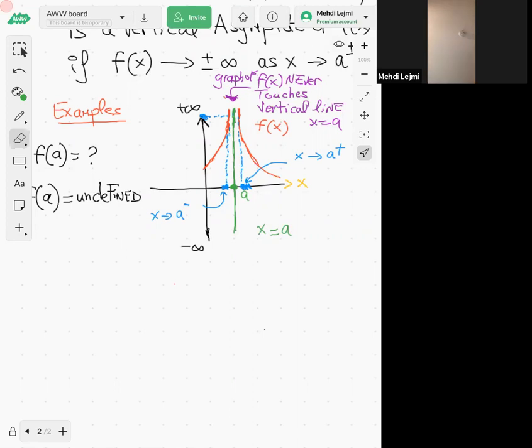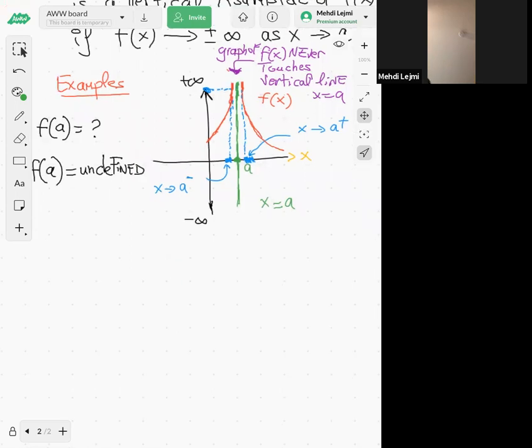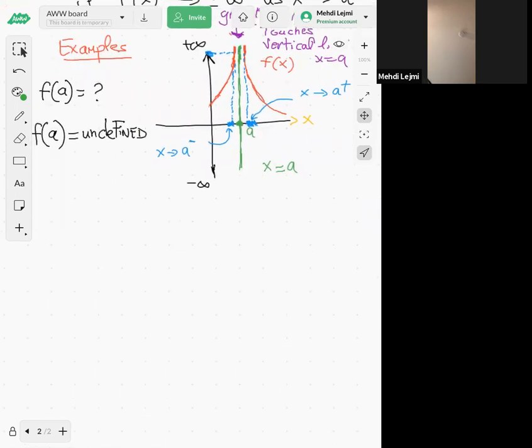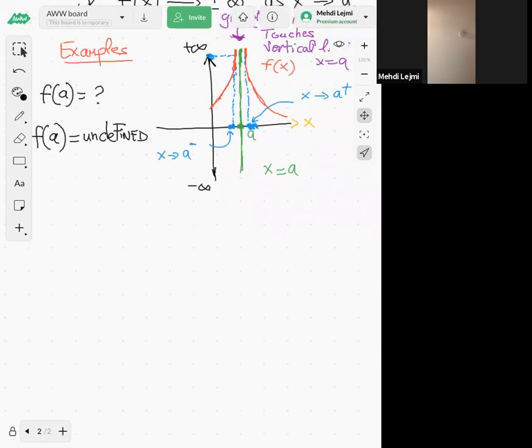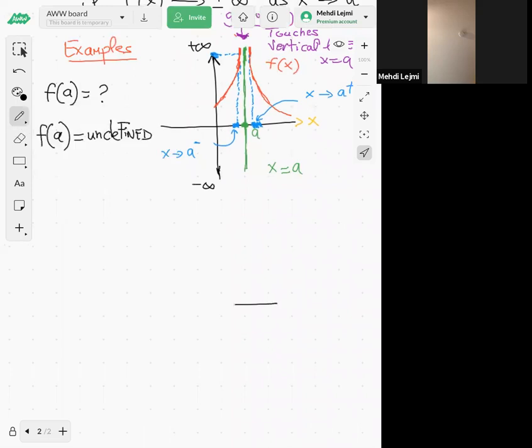Of course, here we are in the situation where the graph of f of x goes to positive infinity. Of course, you can have situations where the graph of f of x goes to negative infinity. So for example, let's say this is example 1, example 2.